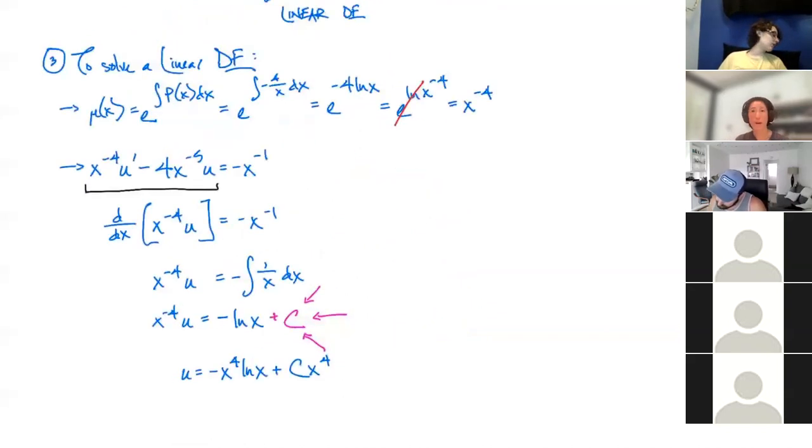All right, so we've solved our linear differential equation, and we are most of the way there because in our last step, all we're gonna do is put back in our y's and plug in our initial conditions so that we get a number for C, okay?